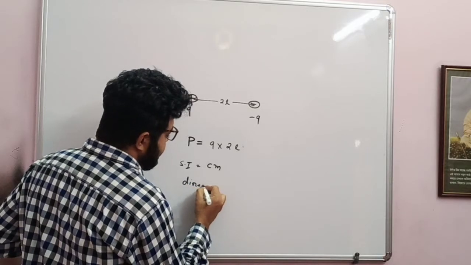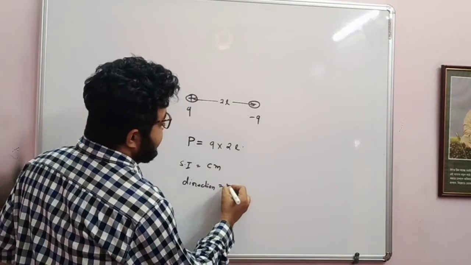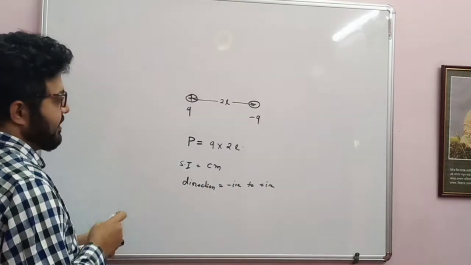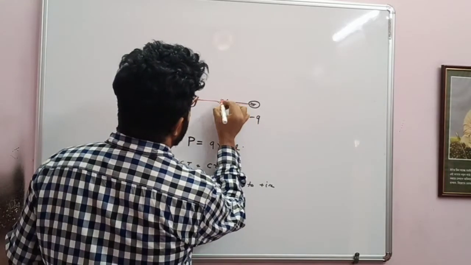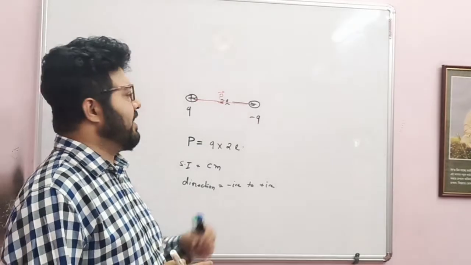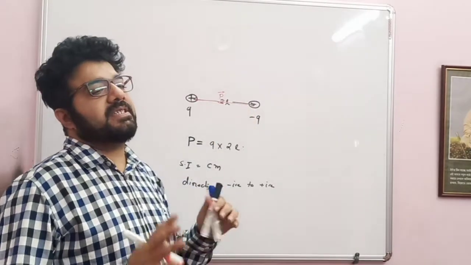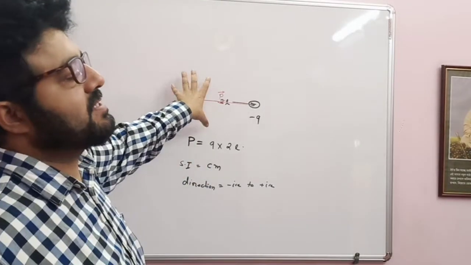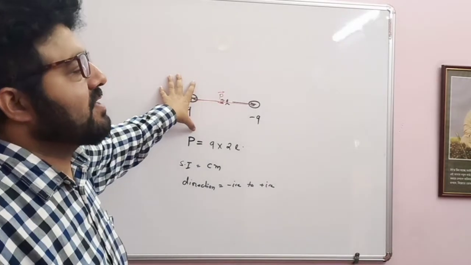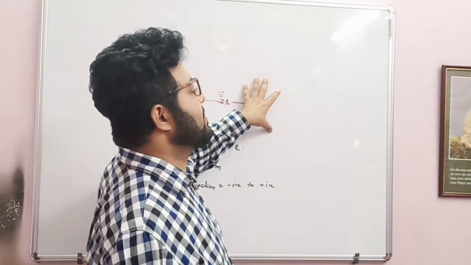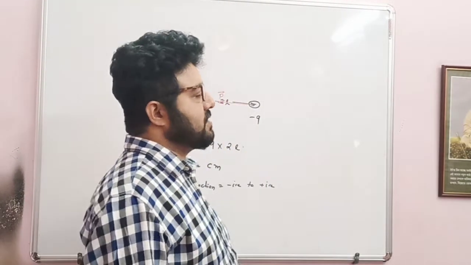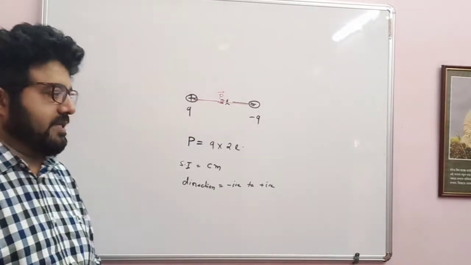Direction: negative to positive, means the direction of electric dipole is from negative to positive. अब ये क्यों होता है? देखो, अगर हम इसका कारण इनडायरेक्टली बोलें, so देखो, negative charge means the excess of electron and positive charge means deficiency of electron. That means यहाँ पे इलेक्ट्रॉन का हाई कॉन्सेंट्रेशन है, यहाँ पे इलेक्ट्रॉन की डेफिशिएंसी है. सो हाई कॉन्सेंट्रेशन इलेक्ट्रॉन moving towards the low concentrated electron, and that process is called the electric dipole moment.